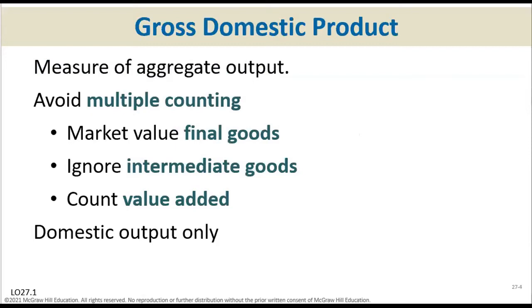So the first item is the gross domestic product. That's the primary measure of economic performance, and it assesses all the output produced in the nation, in the country, within a year.